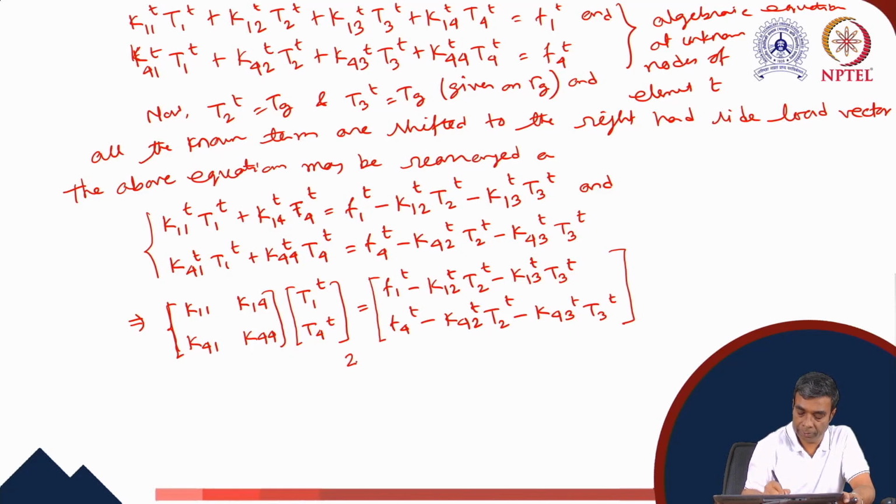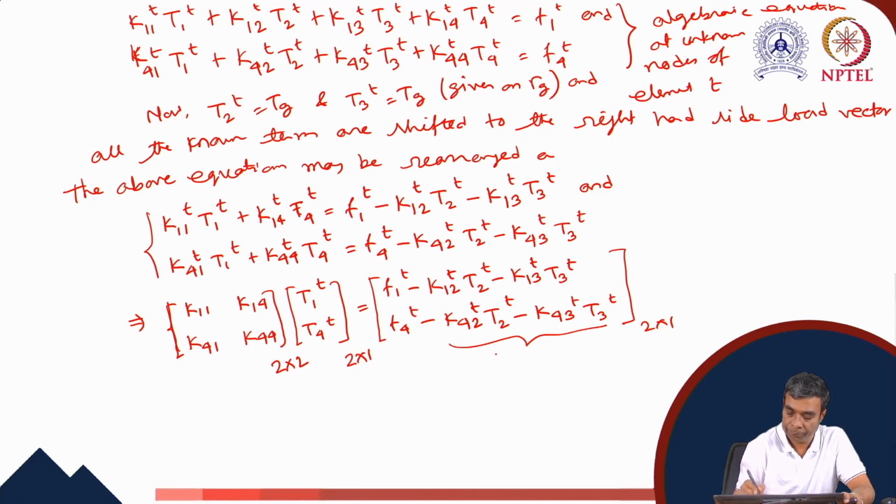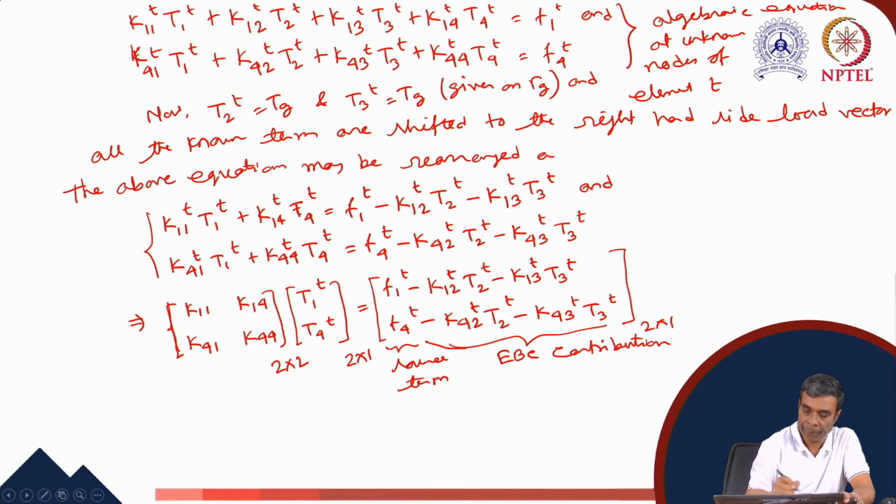So this is 2 by 1, 2 by 2, 2 by 1. Now this portion is the EBC contribution, and this is the contribution from the source term.